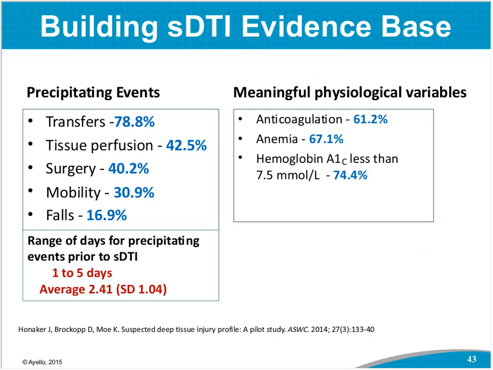I was amazed to see falls so low, but that might be specific to his patient population. Notice the range of days before the precipitating event being 1 to 5 days, with the average being just a little over 2.5 days. And what he called meaningful physiological variables were anticoagulation, again medications. We need to be looking at medication profiles, and anemia and hemoglobin A1C for patients with diabetes.